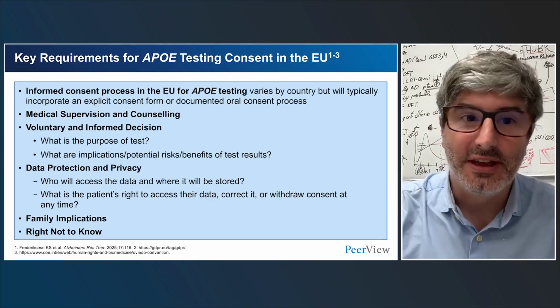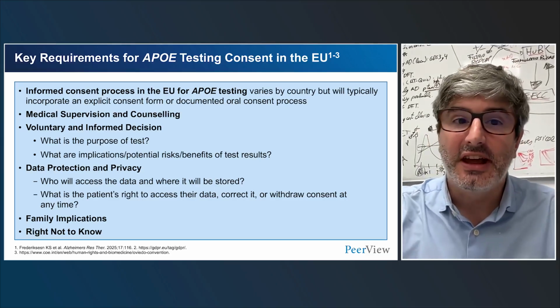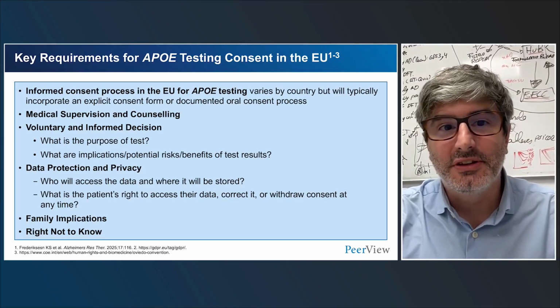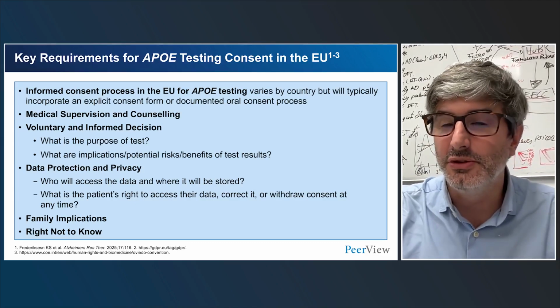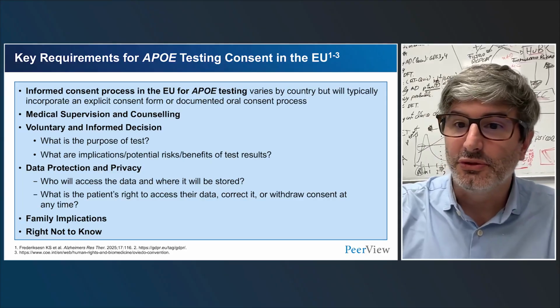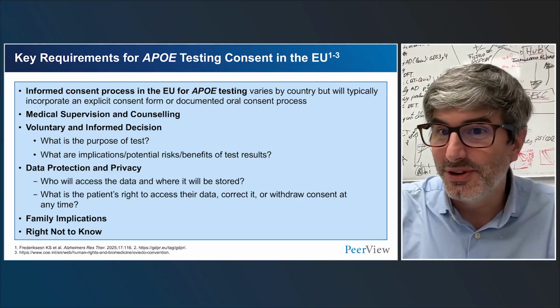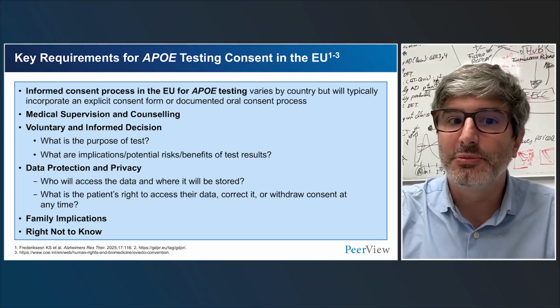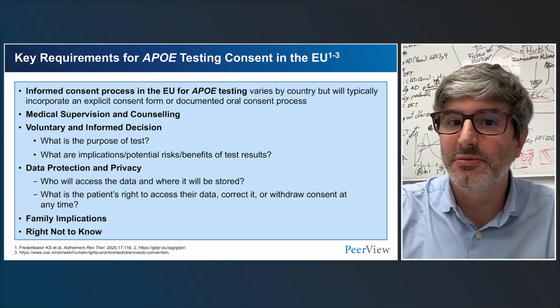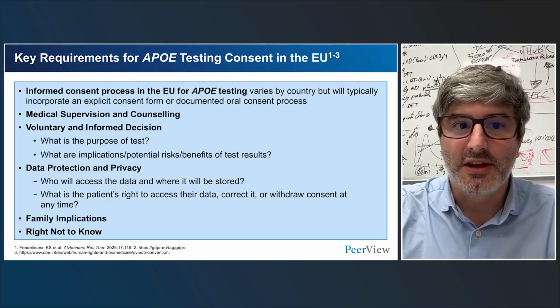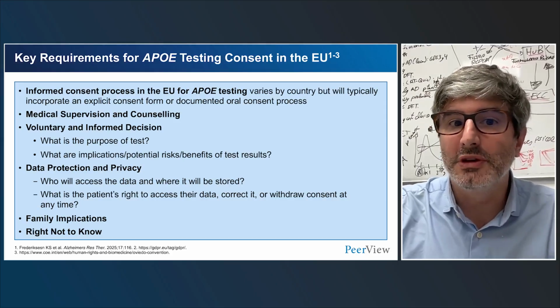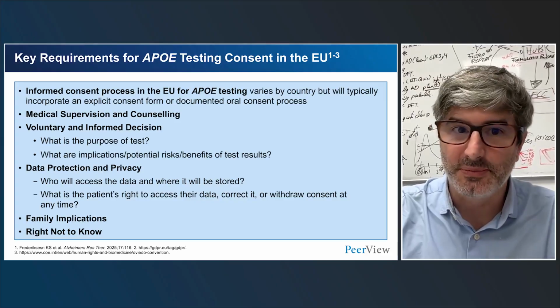So thanks, Frank. I think in this slide we are summarizing the key requirements for APOE testing in the European Union. We first should be aware that Europe is diverse, and of course the informed consent process in the European Union varies by country, but it typically incorporates an explicit consent form or documented oral consent process.